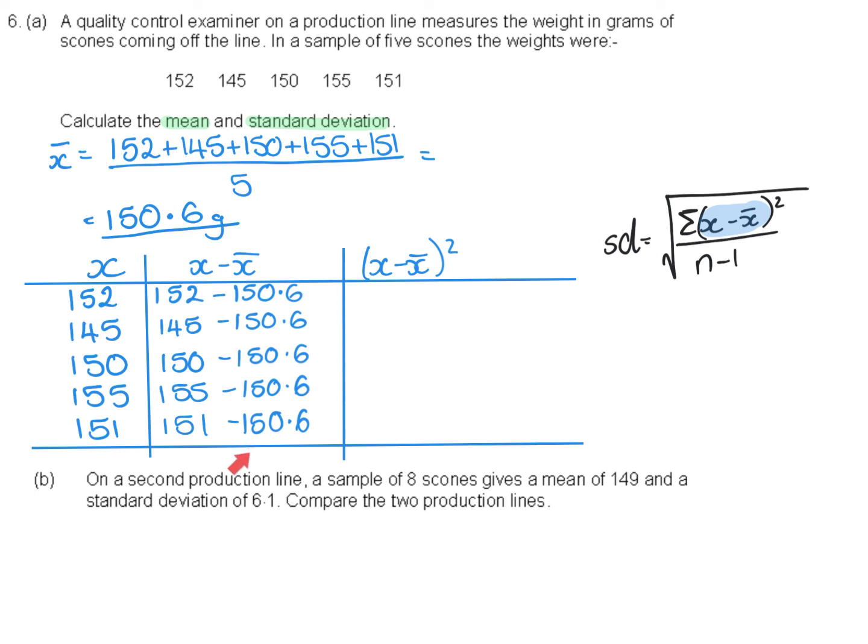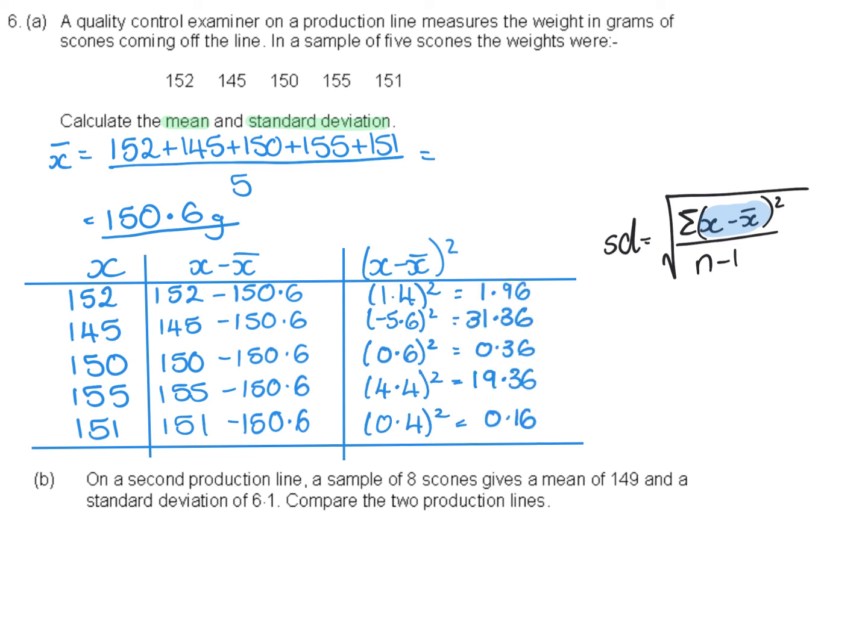I'm going to start putting those into a calculator now. And when I do that, I'll also need to square them. So I've done my subtractions there, and that's me ready to start squaring each of those values. And that's what the third column ends up looking like.